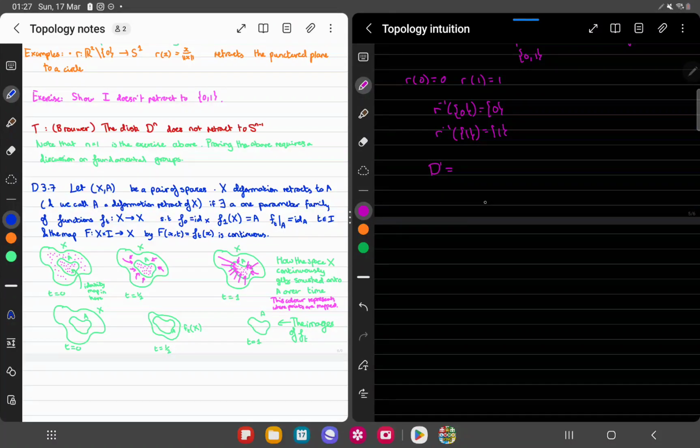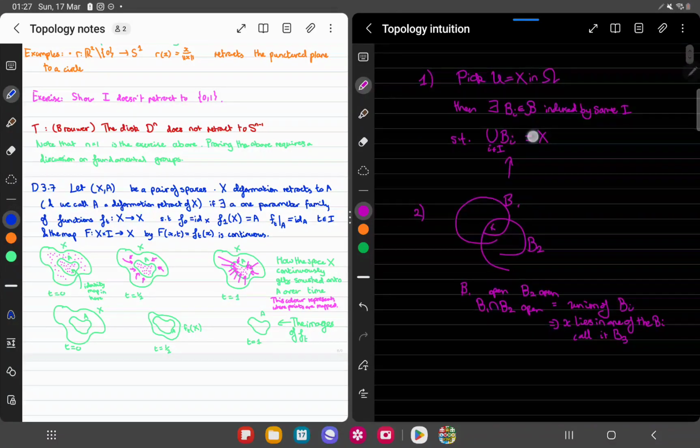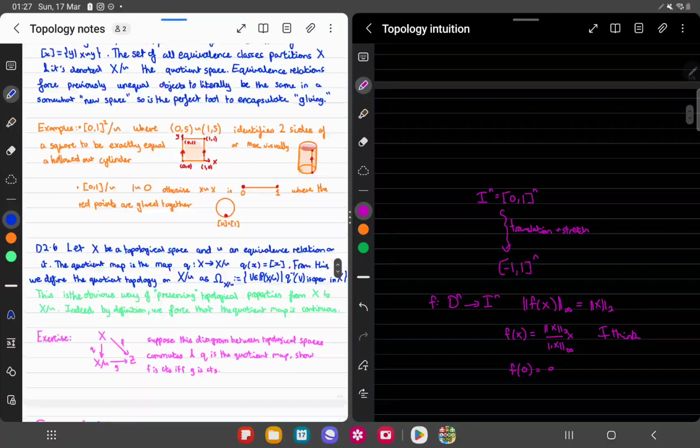Oh wait, no, D1 is the set of x such that the norm of x is less than or equal to 1, which is the interval -1 to 1. Is that right? Damn, did I state that? Oh wait, whoops, what am I doing? Did I state the definition correctly here?